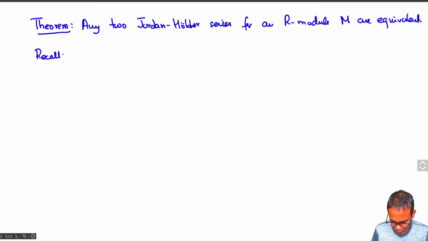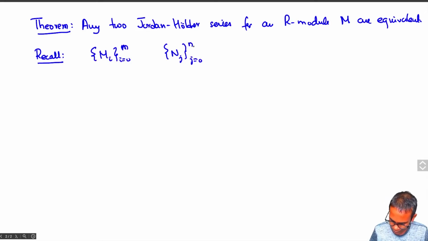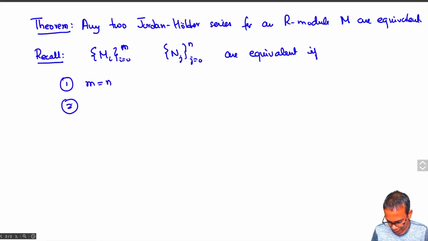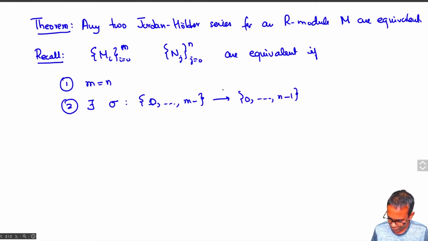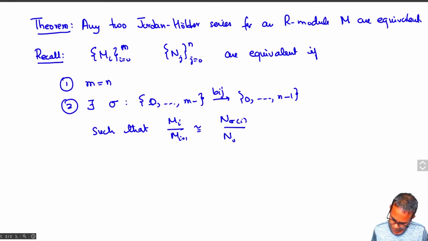Recall what this means: the series Mi, i equals 0 to m, and Nj, j equals 0 to n, are equivalent if, one, m is equal to n, and two, there exists sigma, a bijection from the set 0 to m minus 1 to 0 to n minus 1, such that Mi modulo Mi plus 1 is isomorphic to N sigma i modulo N sigma i plus 1.